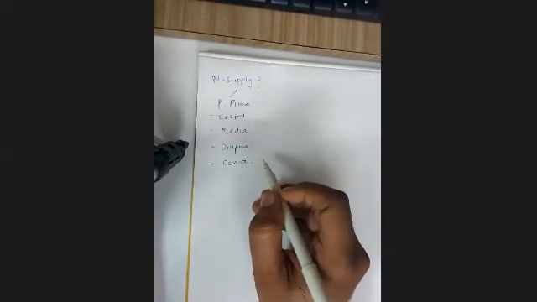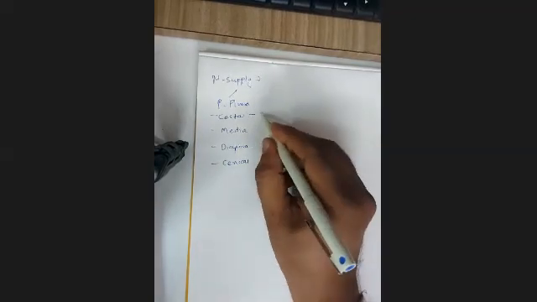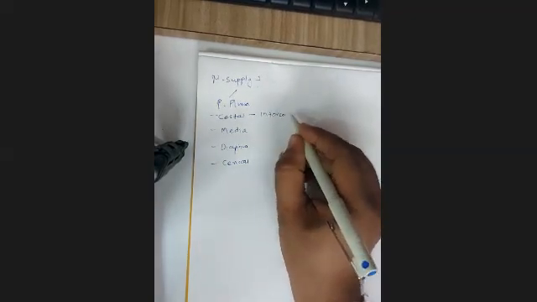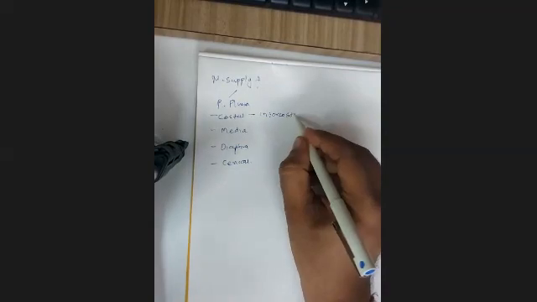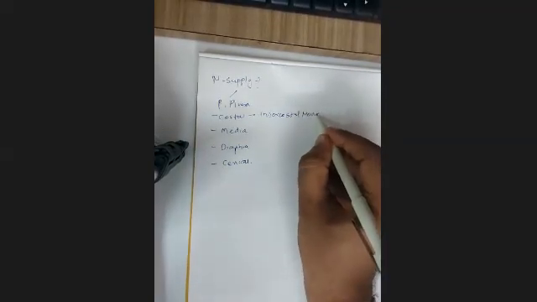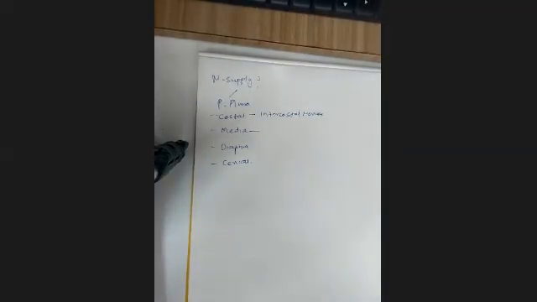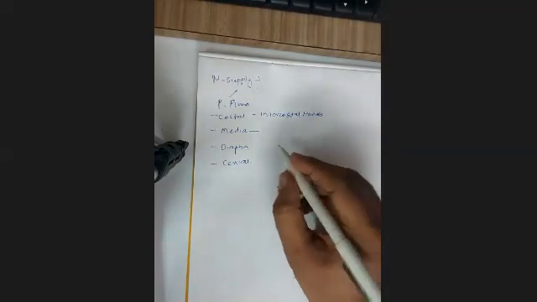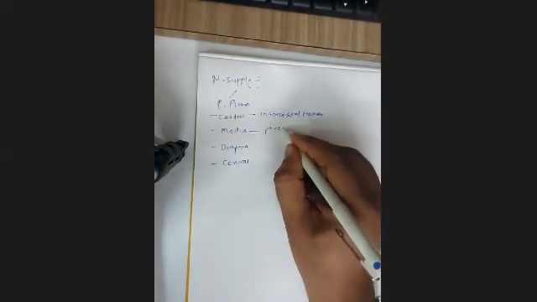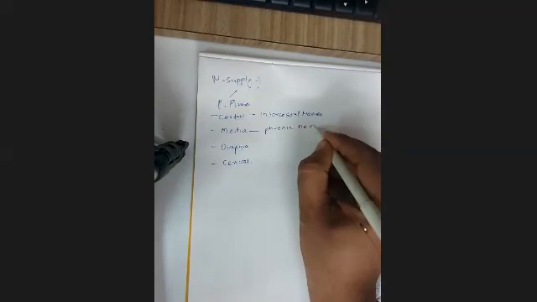Okay, so the costal pleura will be supplied by the intercostal nerve. The mediastinal pleura will be supplied by the phrenic nerve.